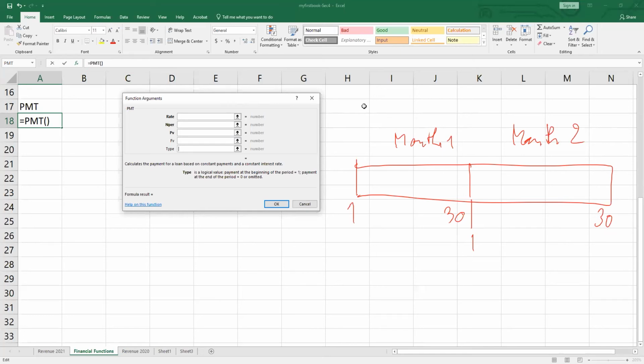If you say that you want to pay at the beginning of the period, for example, you want to pay on the first of every month like this, you just put the argument type as 1. But if you say that, no, for me, I want to pay at the end of the month, then you have to specify type as 0.